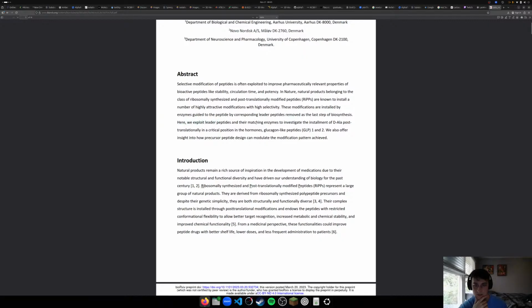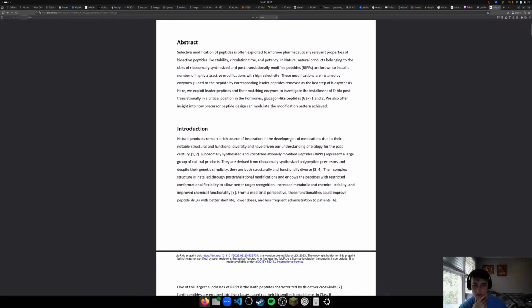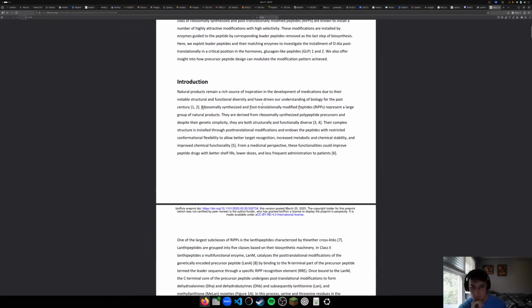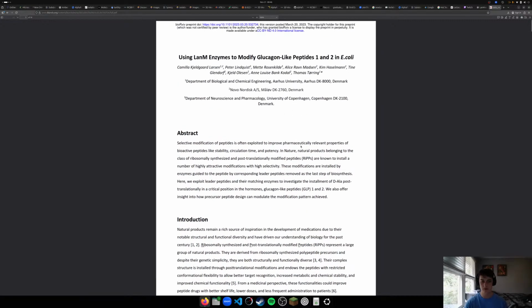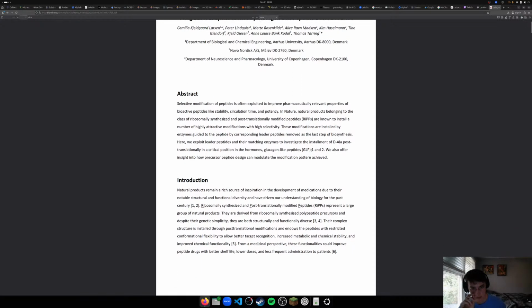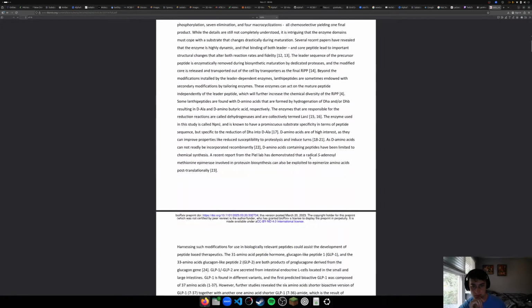Here we exploit their leader peptides and their matching enzymes to investigate the installment of D-alanine post-translationally in critical positions of hormones like glucagon. We offer insight into how the precursor peptide can be modulated. Okay. So they basically took the leader portion, which is important for substrate recognition for the enzyme, and then substituted the core with GLP-1.